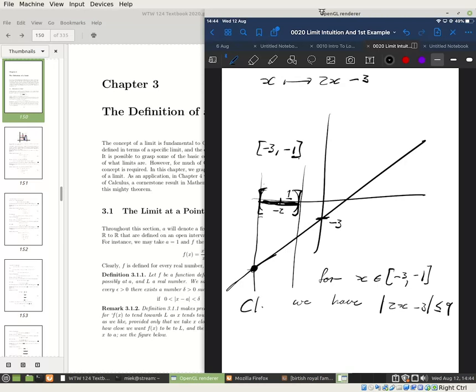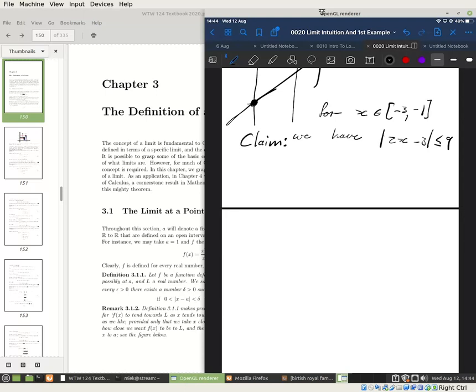This is a claim that we are making. Let us prove this claim. Proof of claim.